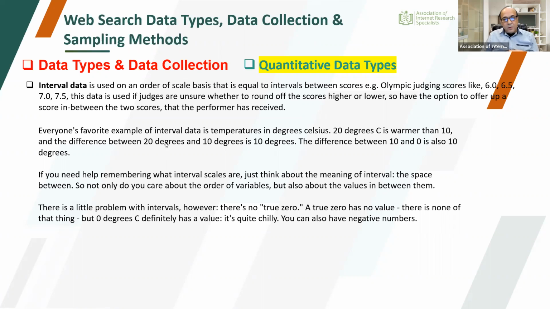So there could be 20 degrees versus 10 degrees, a difference of 10 degrees between the two, which can be one set of temperatures at a certain time of the day. Then there could be a similar calculation at noon time or in the afternoon.